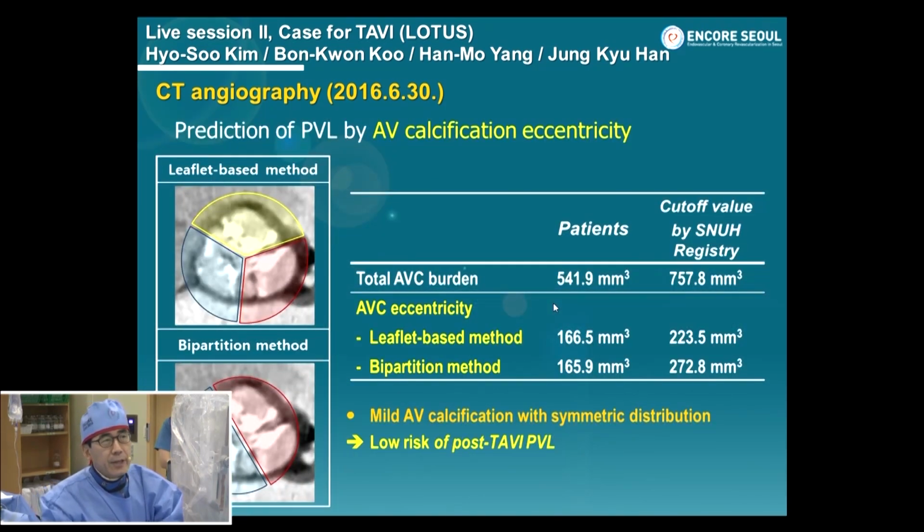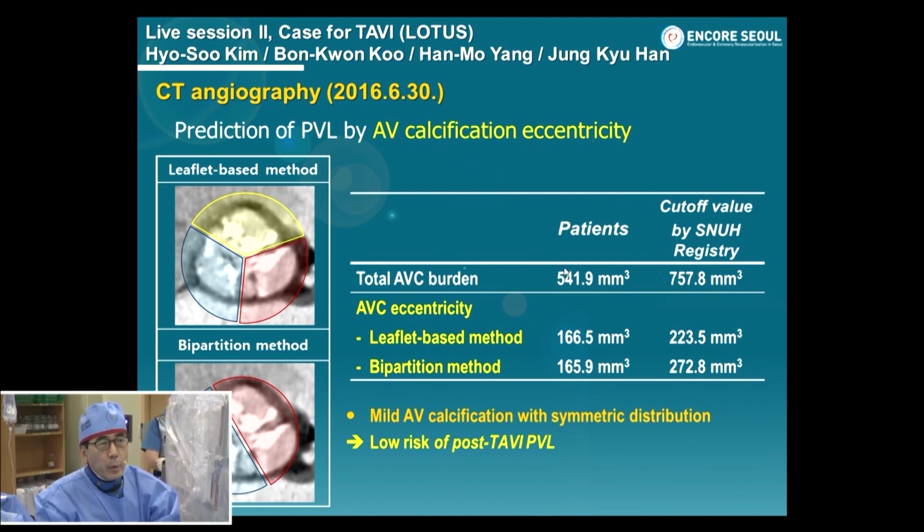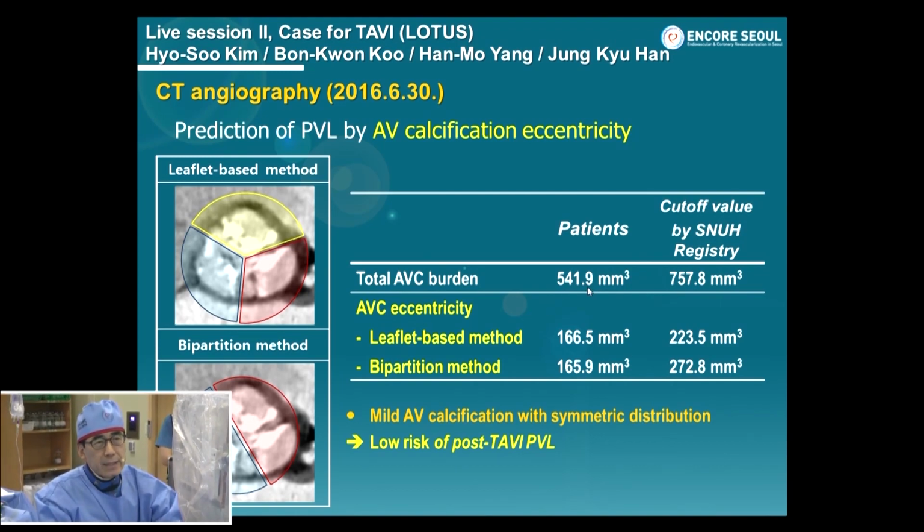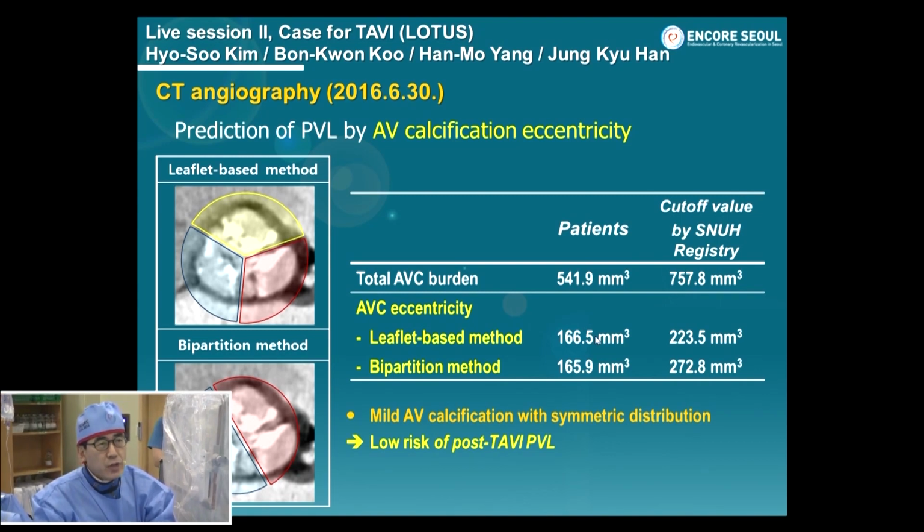We can predict the leakage by analysis of aortic annulus calcification eccentricity. Not only is the total calcium burden important, but more important is eccentric calcification. The patient's volume of calcification is 540 and eccentricity 160 in the traditional leaflet-based method, and 160 also in the newly proposed partition method.